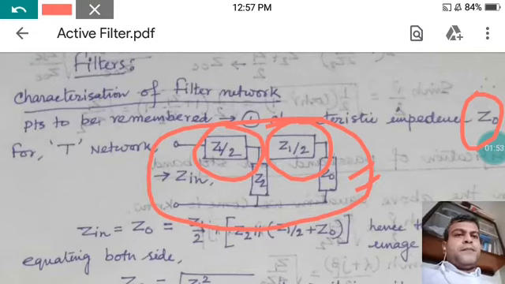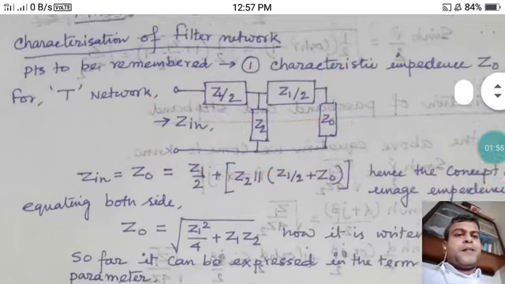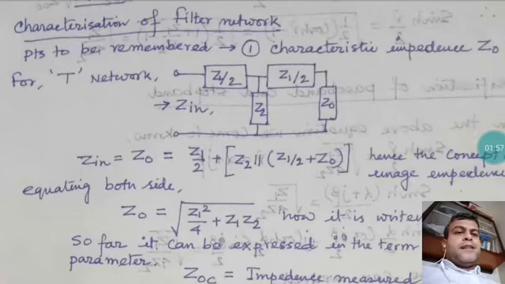Right here, if you have this particular circuit, what is Z in?